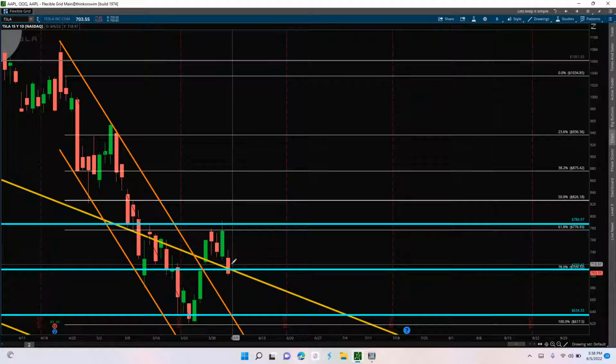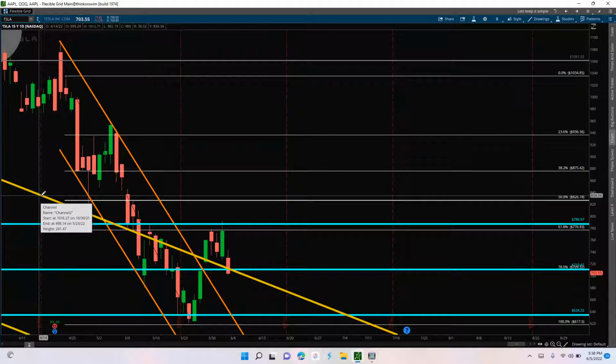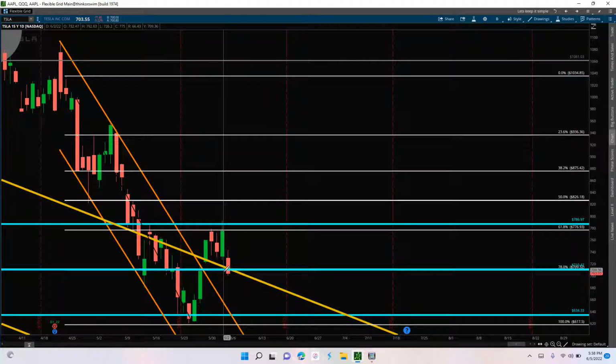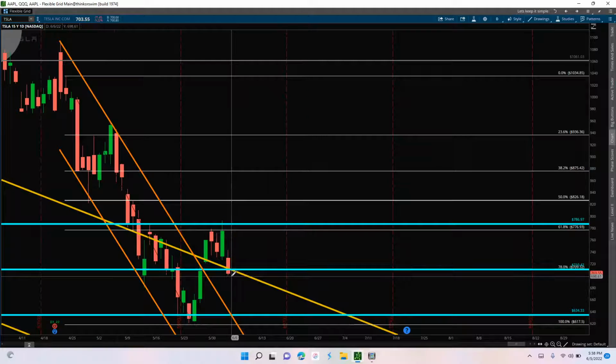Confluence. So we have the old channel coming into this price, and then we have this support. So this level here is very, very important. This level is being watched. That's the 710, 700.